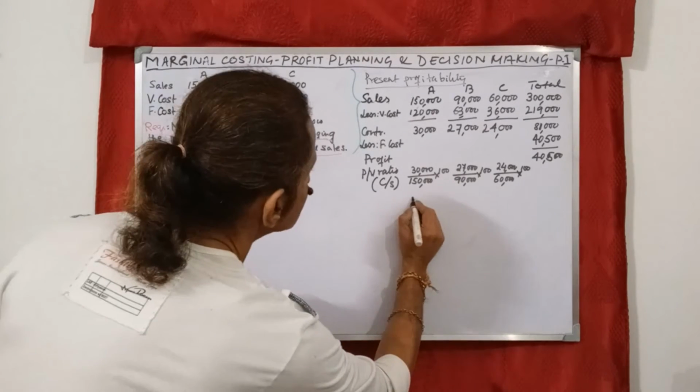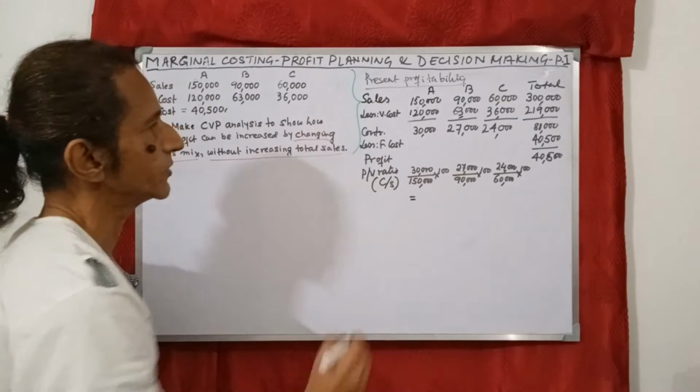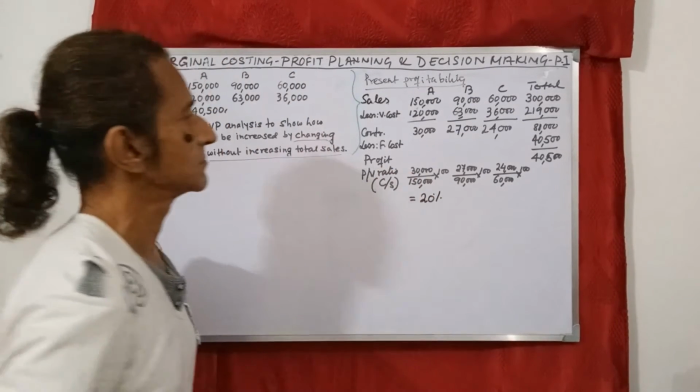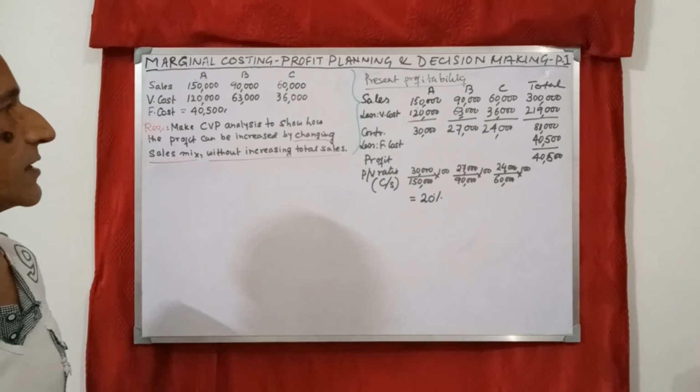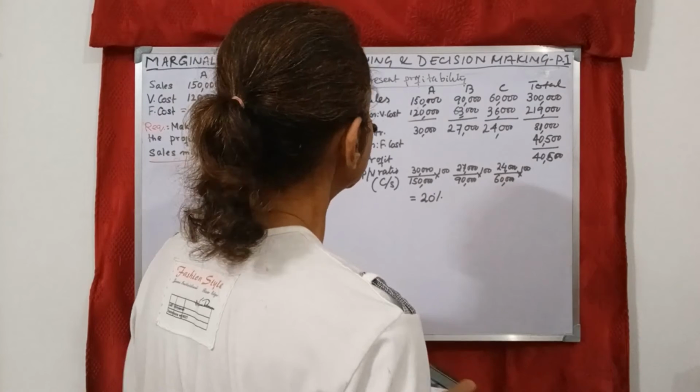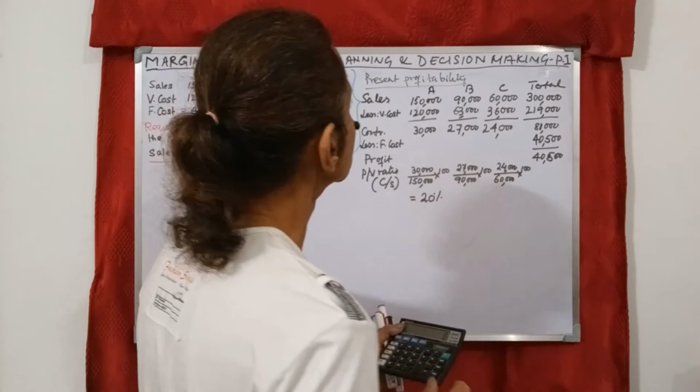So this is how much? 20%. PV ratio of product A is 20%. And let us see what is the PV ratio of product B.